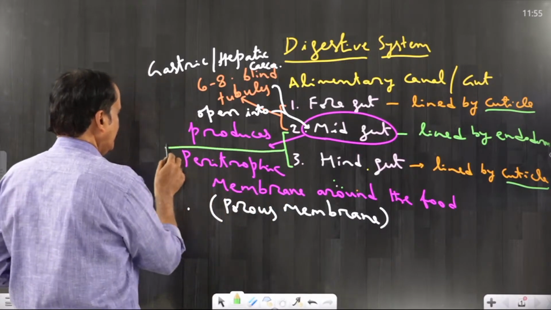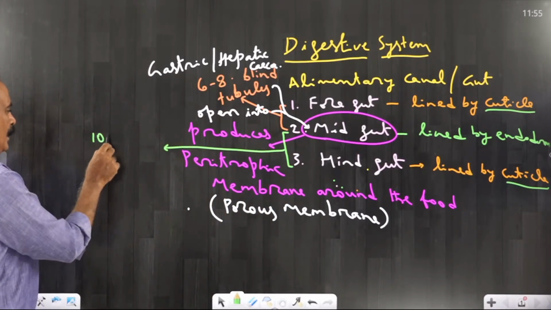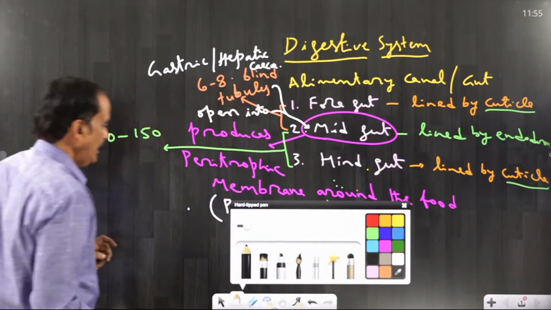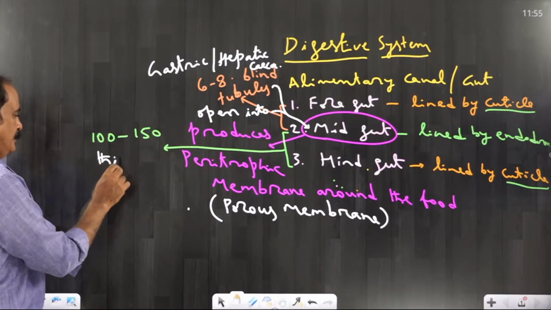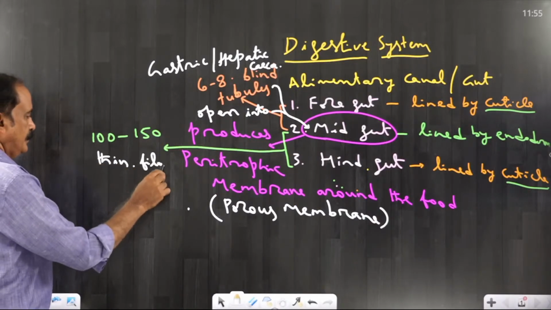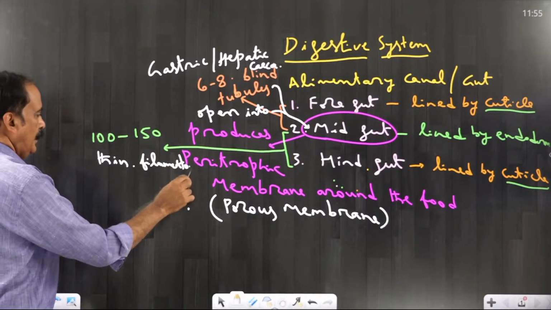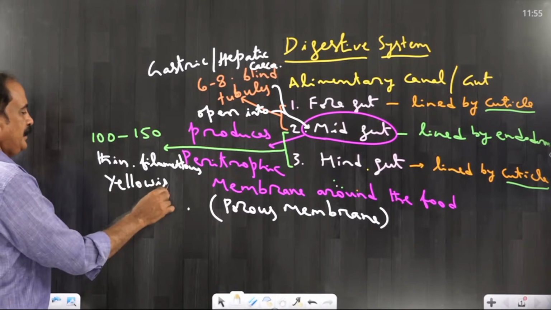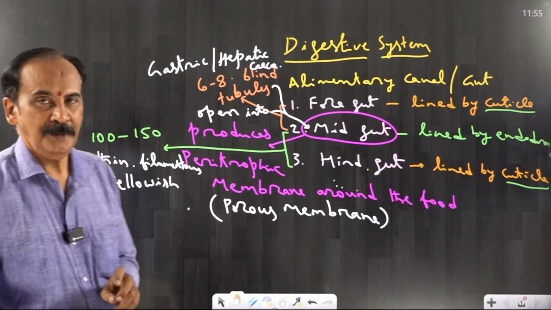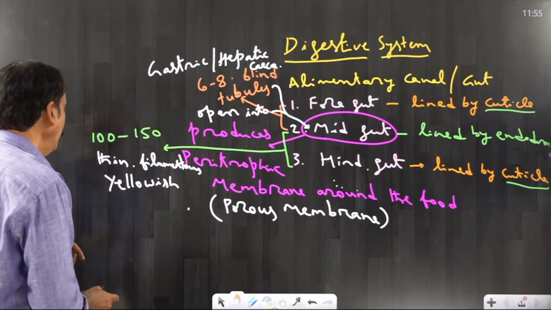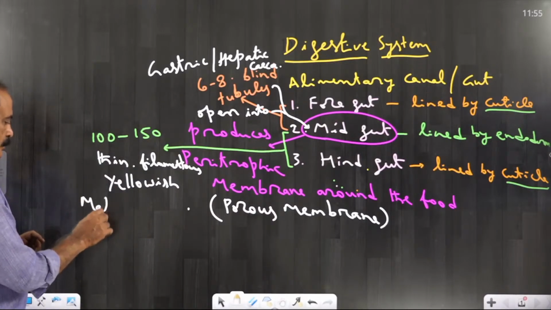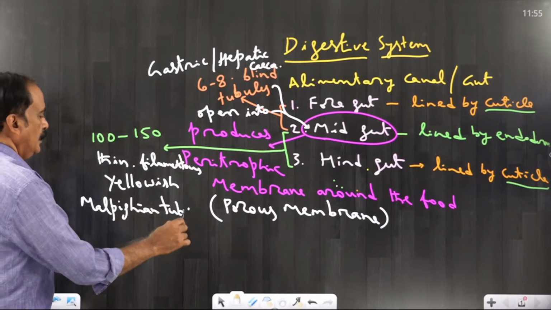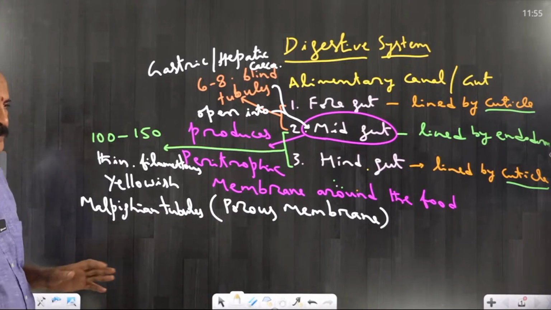At this junction, the cockroach is having 100 to 150 thin filamentous yellowish colored structures, named as the Malpighian tubules. These Malpighian tubules are present in around 6 to 8 bundles.